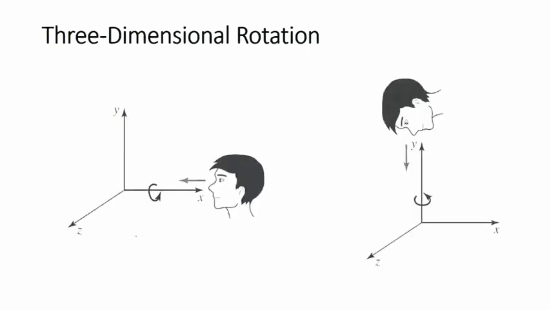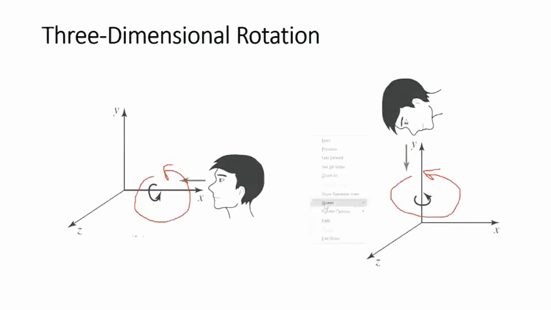So now this is about rotation around z-axis. Now what if I want to rotate around x-axis? That is, if I want to rotate this object like this around x-axis, or if I want to rotate this object like this around y-axis. How should I go about it?